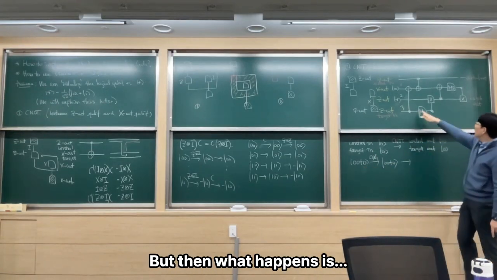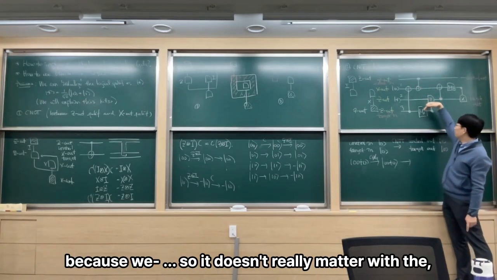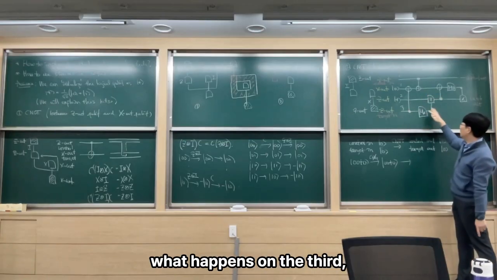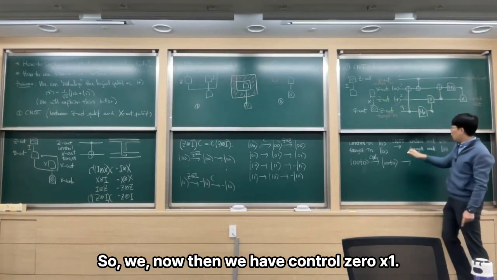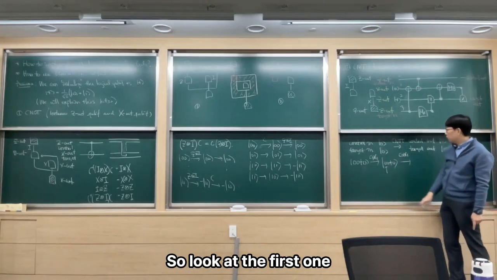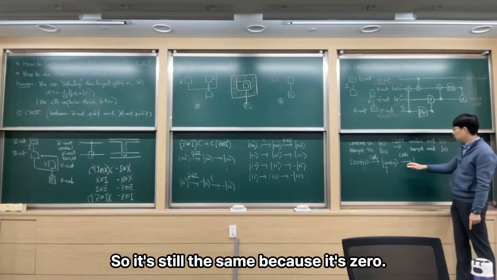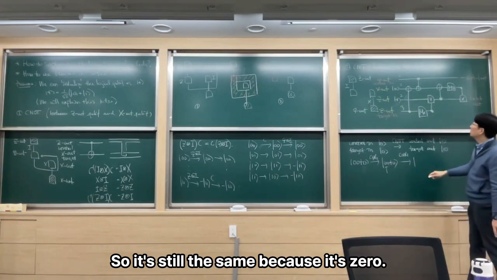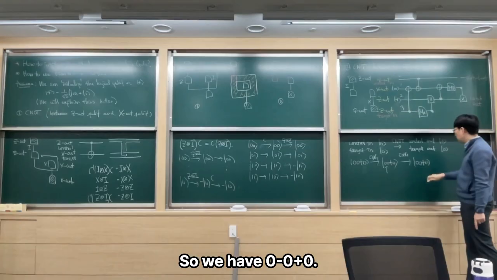Then we can switch the order here. Let's say this is the first, because it doesn't really matter what happens on the third and fourth one. Now we have control 0, X1. Look at the first one and then apply X to the second one. It's still the same because it's 0. So we have 0, 0, plus, 0.